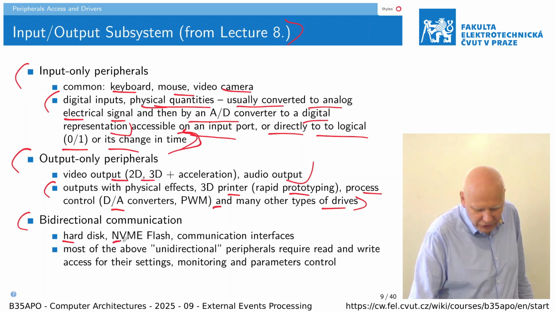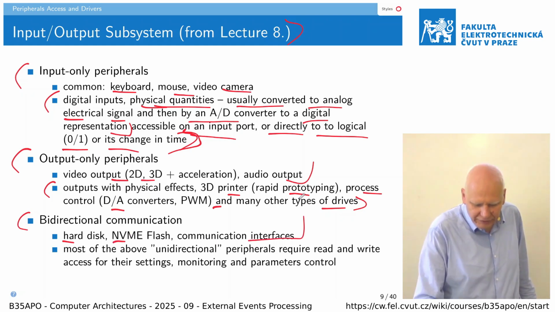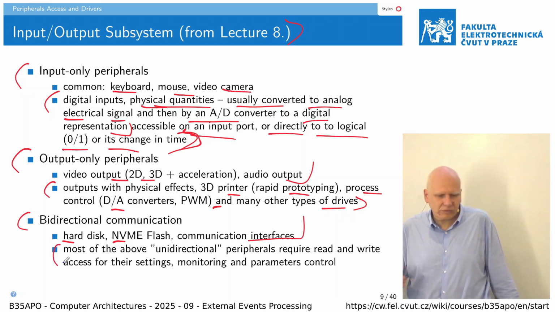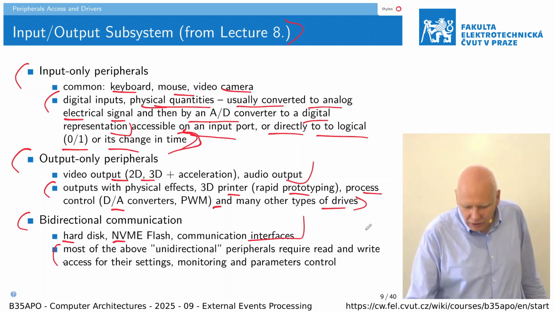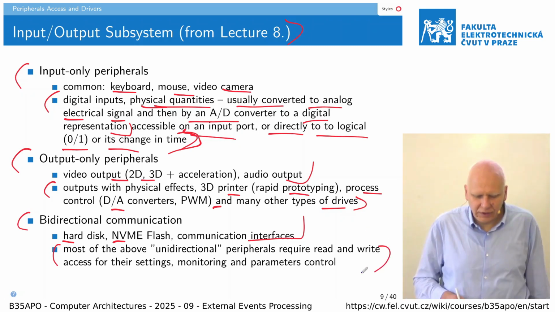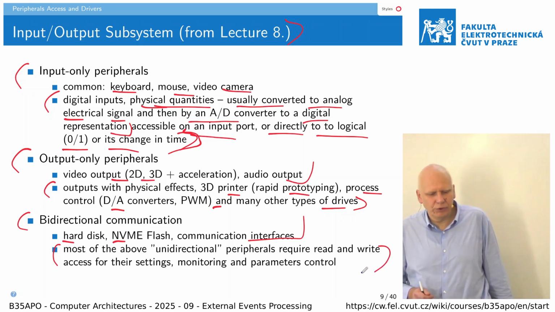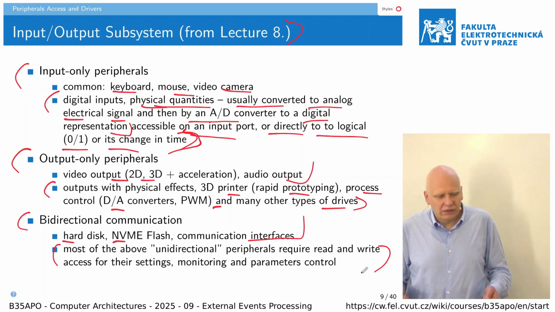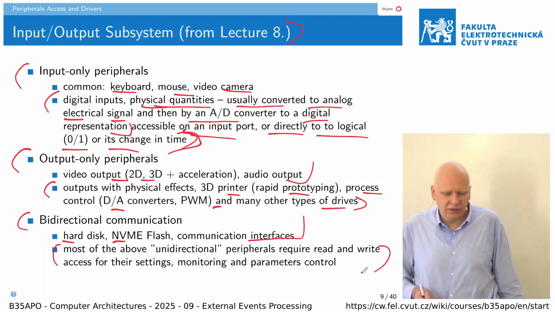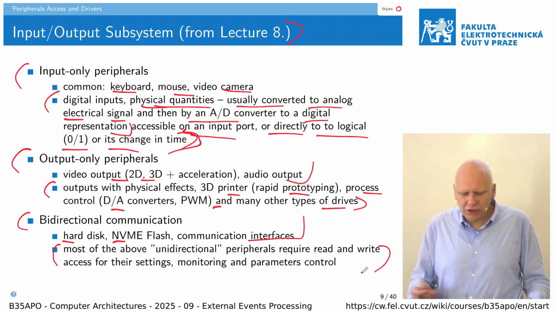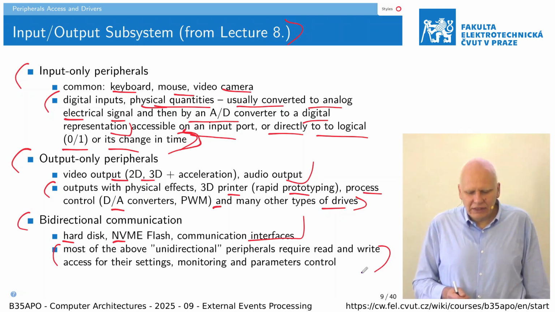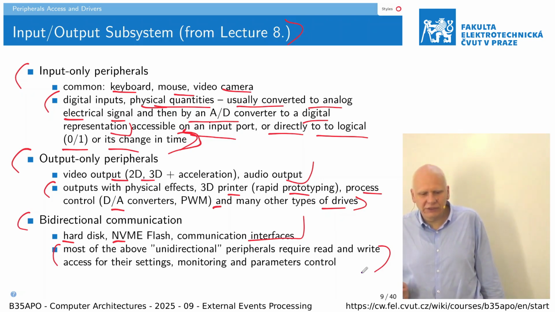It is naturally bidirectional, flash, communication interfaces, but even some drives, controllers, motion controllers, and so on, usually have a channel which provides back the temperature or some information. Even the keyboard has LEDs to indicate something and so on.